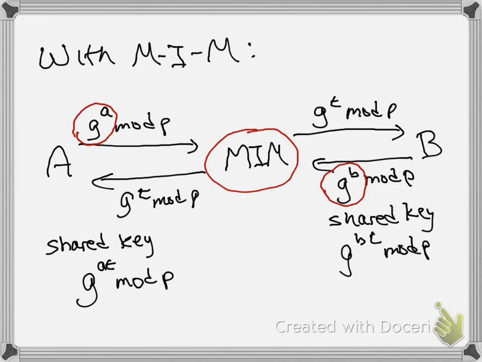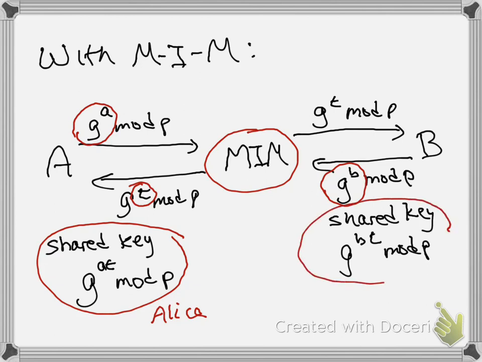The man in the middle establishes a shared key with Alice by using the man in the middle's exponent of t. The man in the middle also establishes a shared key with Bob using the man in the middle's exponent of t.